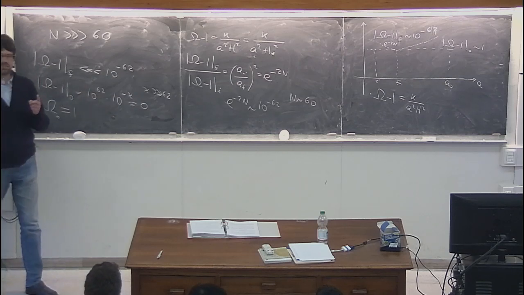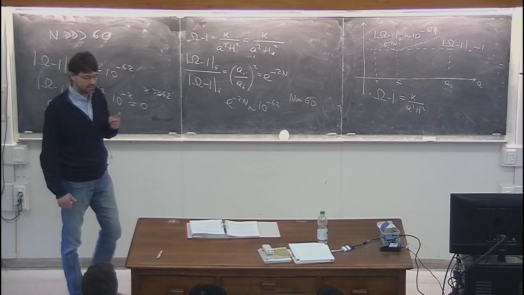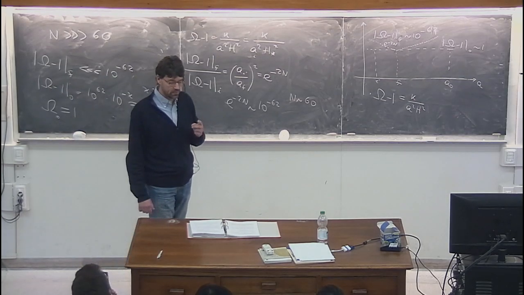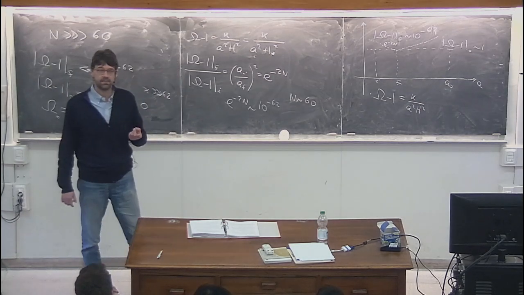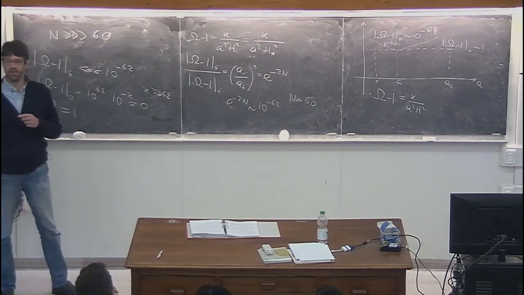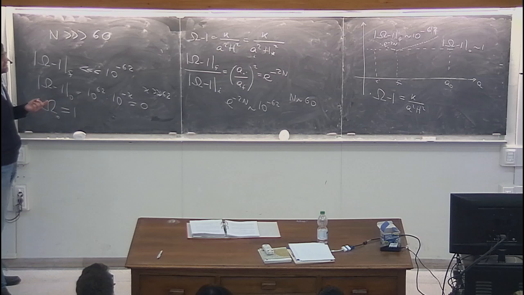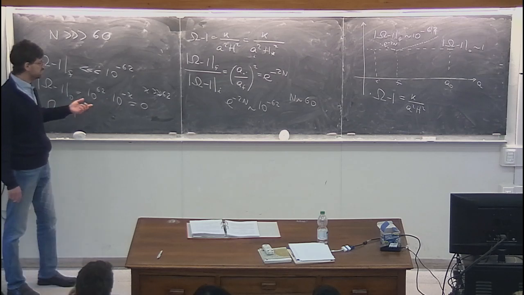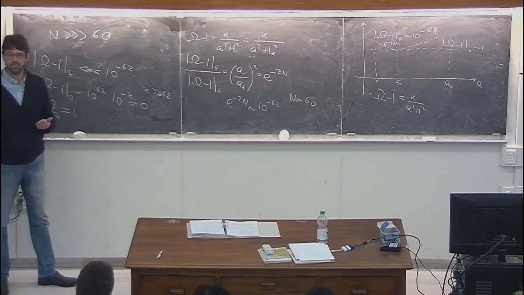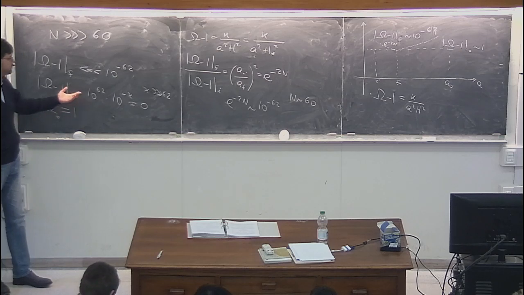This statement that I just said is not entirely correct, because, as I said, we don't know the number of e-folds. That depends on the model you are working with. I can construct a model of inflation where the number of e-folds is the minimum required, 60. And therefore, omega minus 1 will be of order unity.